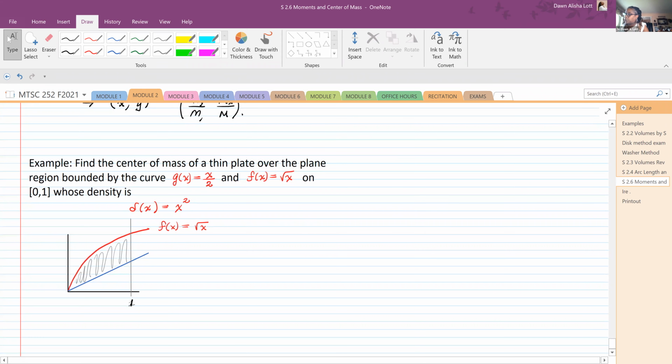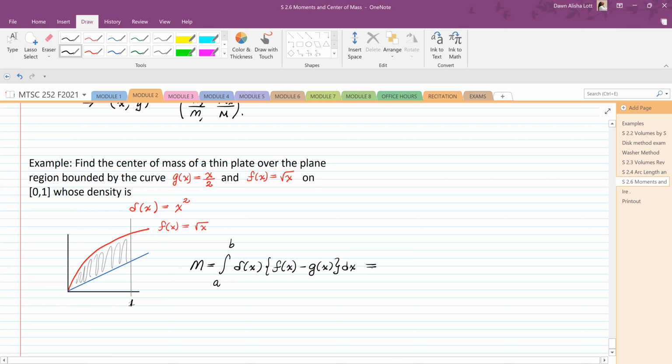So we have to compute the mass. The integral from a to b of delta of x times f of x minus g of x dx. Anybody want to take a stab at that very quickly to give me the formula for that?